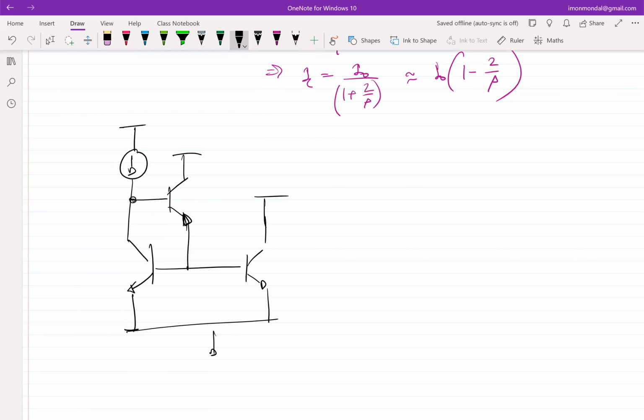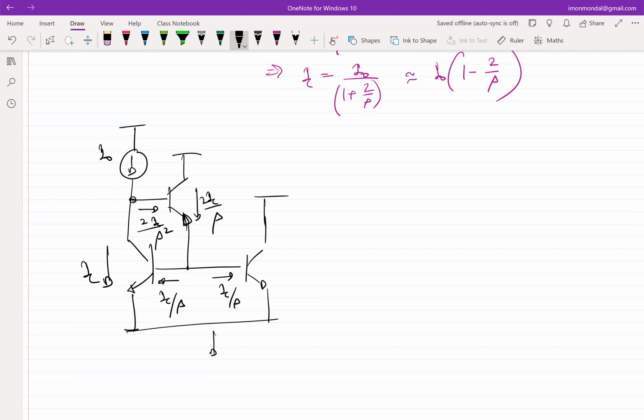And how will it auto bias? If this is I0, let's say this is IC. This current is still IC over beta. This current is still IC over beta. So this current is 2IC over beta. Correct? So this current will be 2IC over beta squared. Right?